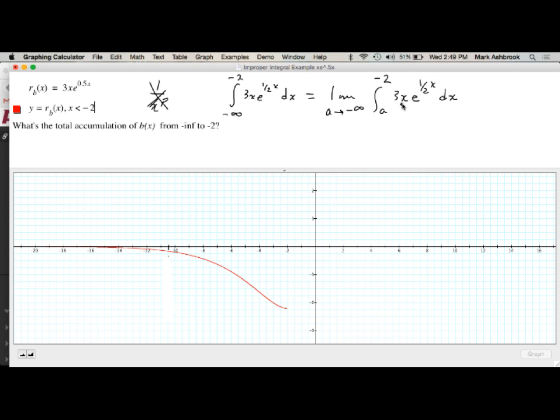But it's one of our common forms for undoing product. A power of x times e to the something. That's undoing product. Okay, so what do we got? We're going to do f equals 3x, f prime equals 3, g prime equals e to the 1/2 x, g equals 2e to the 1/2 x.